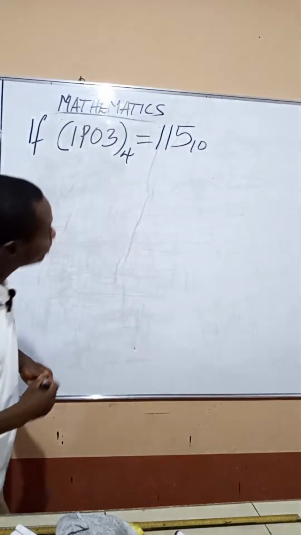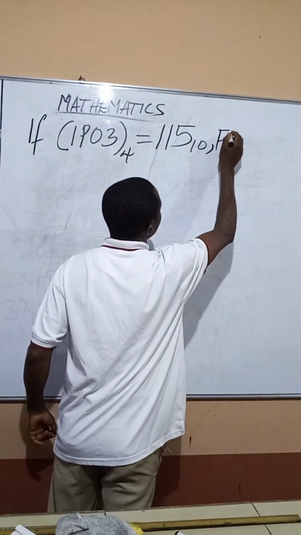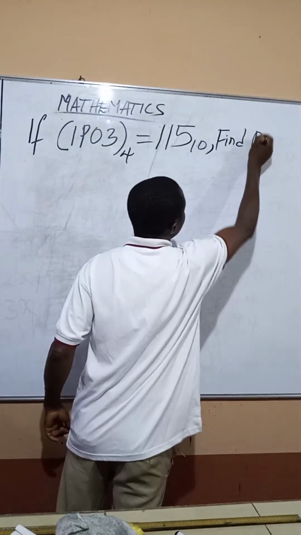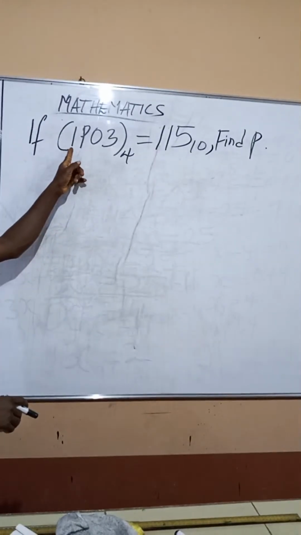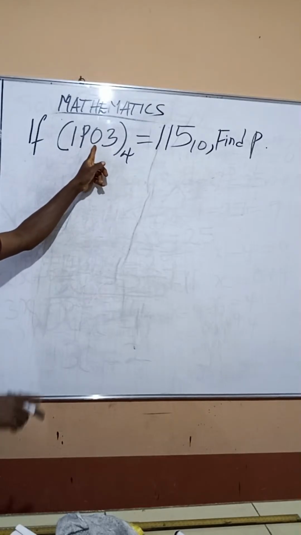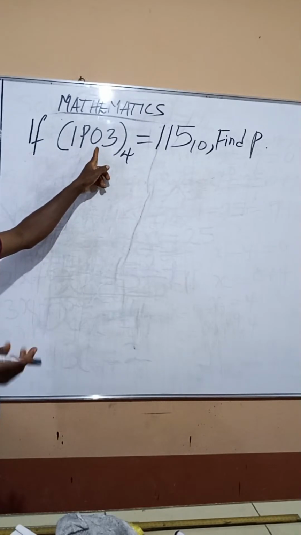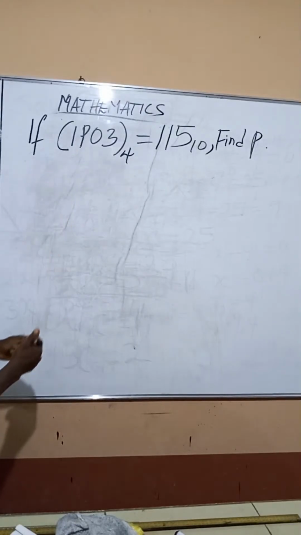Now the question is that we should find P. This is 1, this is 0, this is 3. Please take note, neglect this 0 as I earlier said. The only unknown here is P, so don't worry yourself when you find something like this.